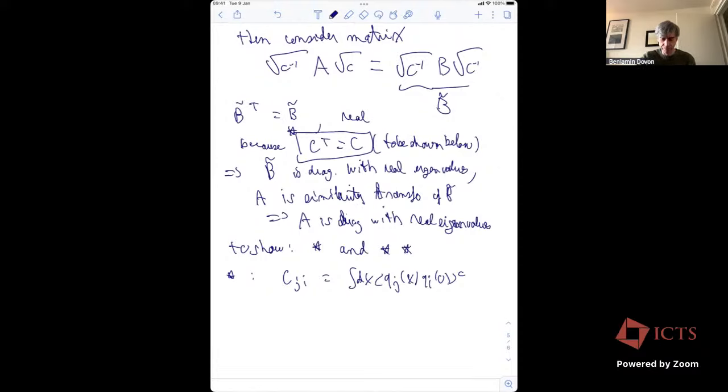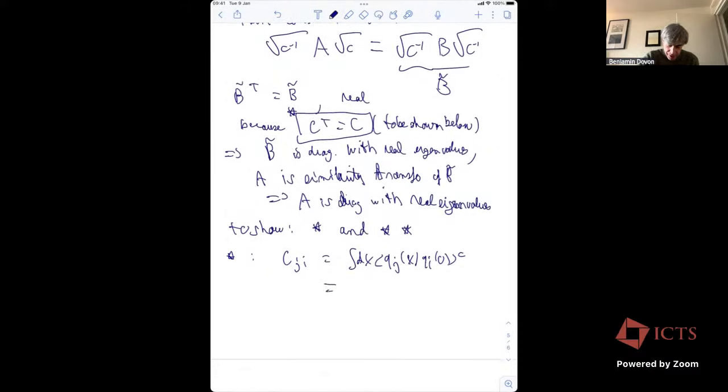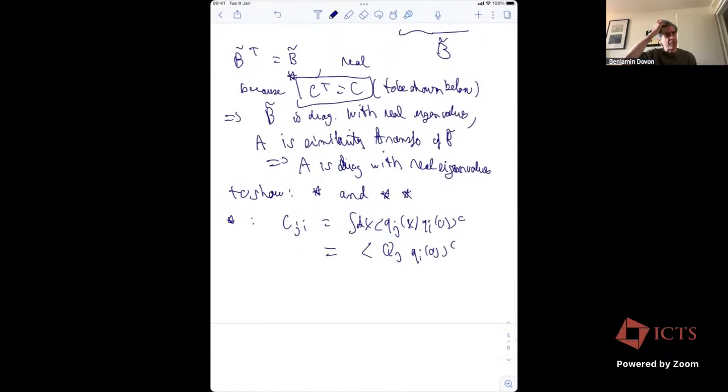But this is also the total charge Qj and qi of 0, connected. Because Qj is a total charge, a conserved charge, I can bring it to the other side.